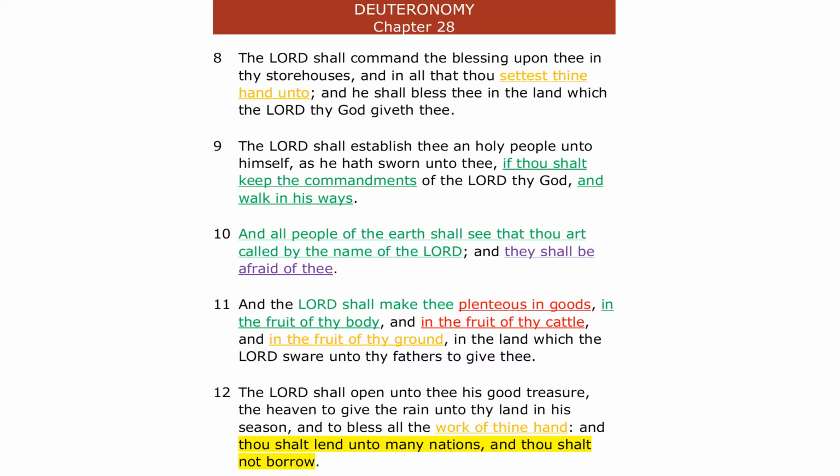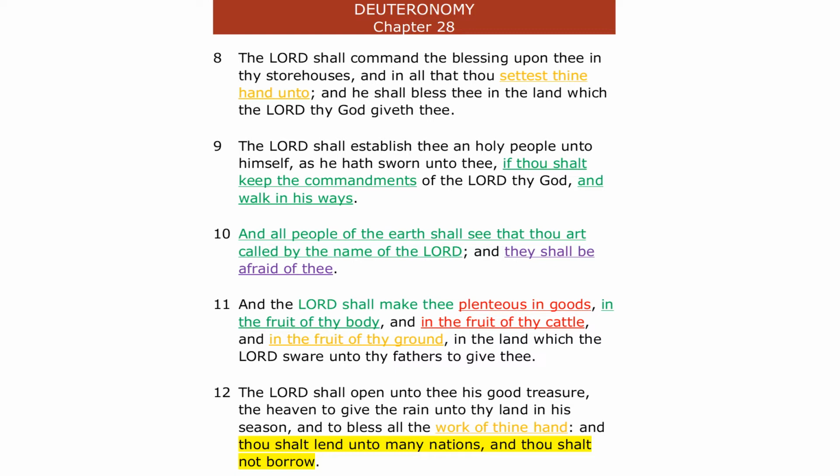Social. So if you set your hands, your political and your social structure, then you shall be blessed in the land, wherever that land is that God has given unto you. So you have to make sure your political structure is in place, your social structure is in place, that you're following those two laws, and your blessing, God bless man, shall be there.